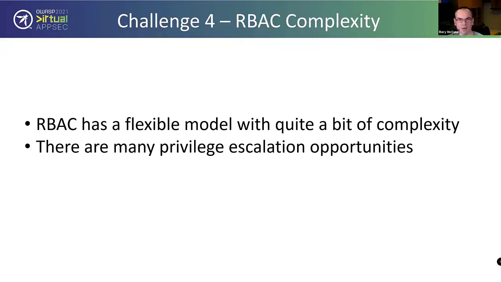In Kubernetes RBAC, there are quite a lot of privilege escalation options. There are things you can grant which don't sound sensitive, but turn out to be quite sensitive. There was a good example of this last year, CVE-2020-8554. That was a vulnerability where any user who could create a service object, which is quite a common type of object in Kubernetes, could intercept traffic from other users of the cluster due to the way the service object was set up.